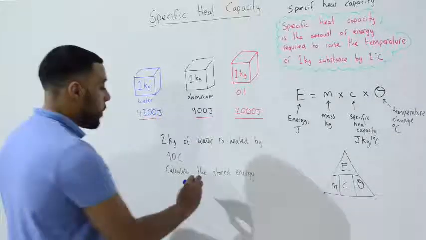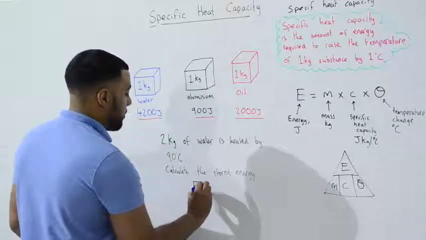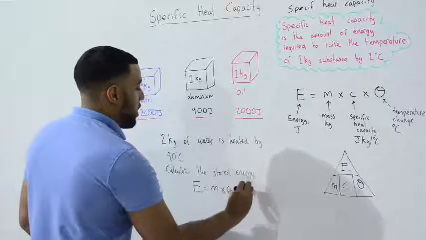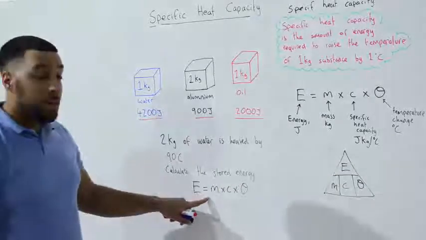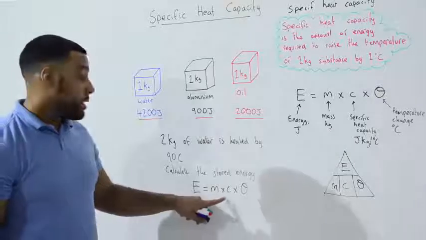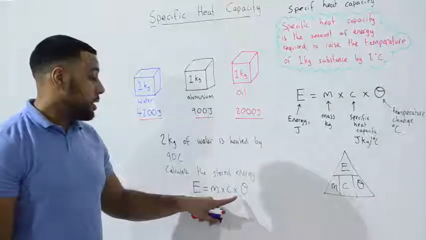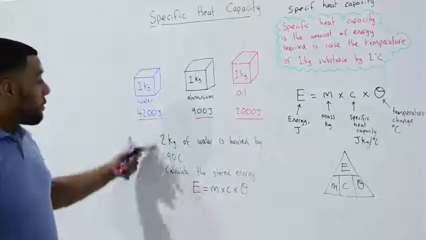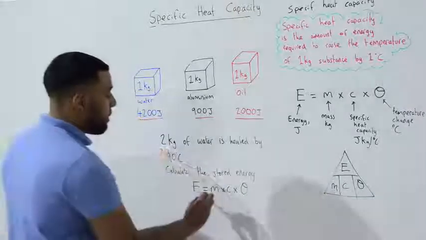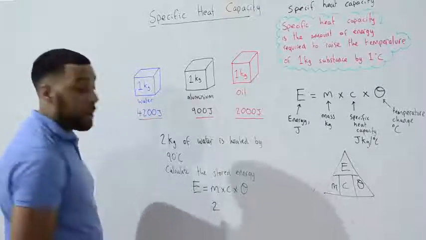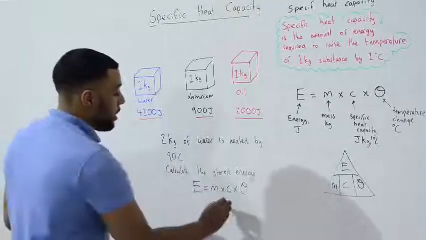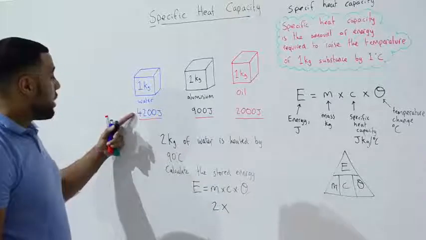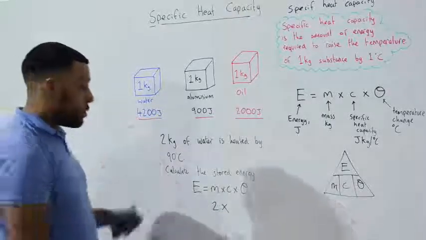Well, using my equation, energy is equal to mass times the specific heat capacity times the change in temperature. And from the question, I know that the mass is 2 kilograms. The specific heat capacity of water is 4,200.